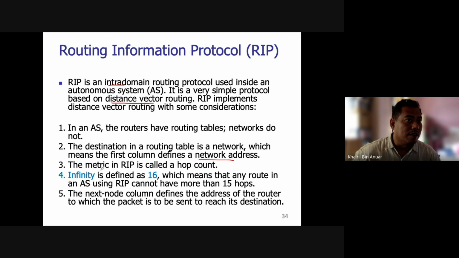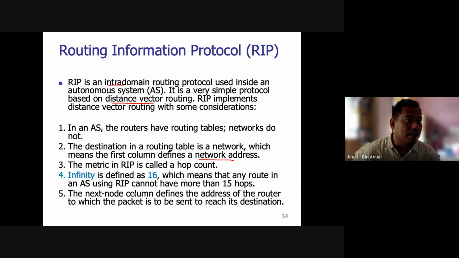The metric in RIP is called a hop count. Instead of cost, it is a hop count, so how many hops it needs to get to the end user. Infinity is defined as 16, meaning it can only go up to 16 hops, and any route using RIP cannot have more than 15 hops altogether.